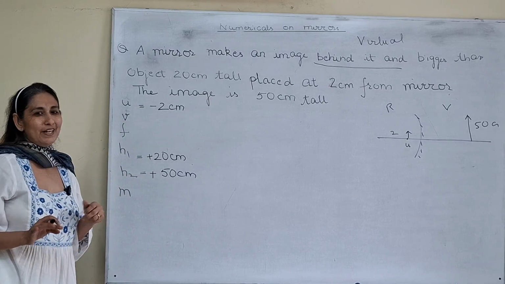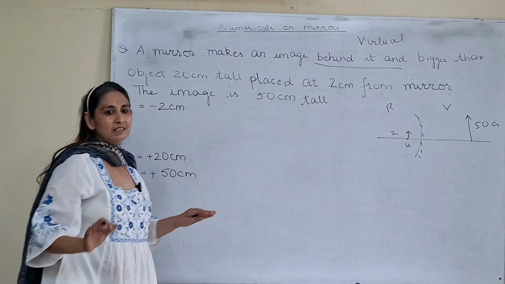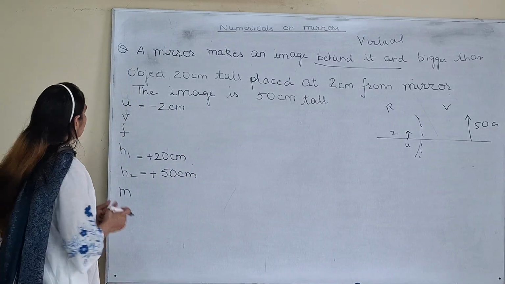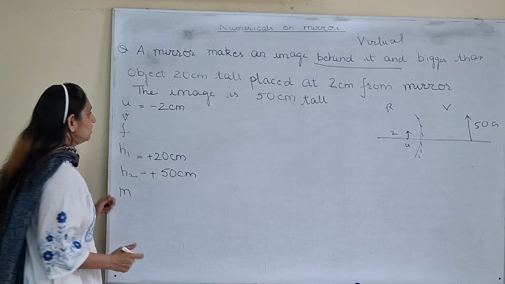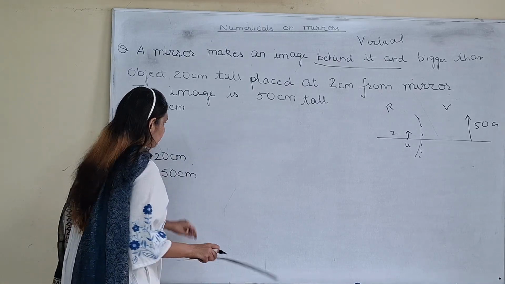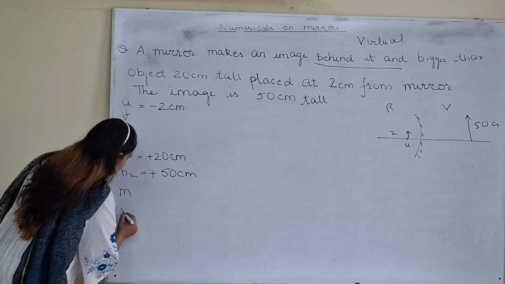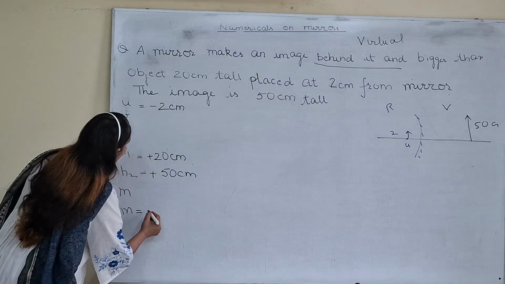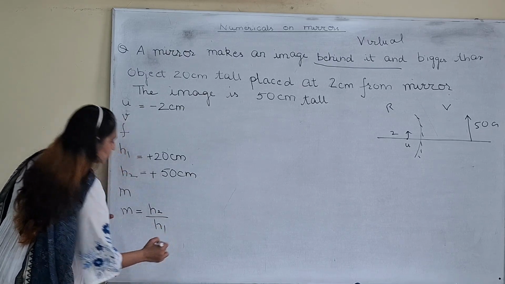I forgot to write what all we need to calculate. Okay, we'll calculate everything that we know about this topic. Okay, so we have H1, H2. Which formula? You can always use the formula of magnification. So magnification formula is H2 upon H1. And we know both the things.